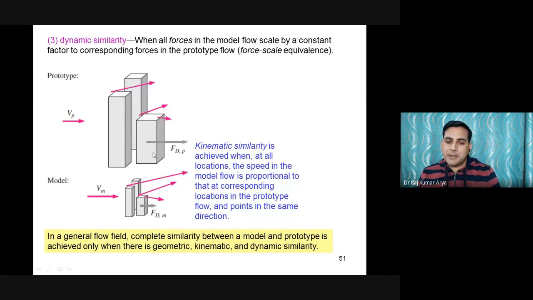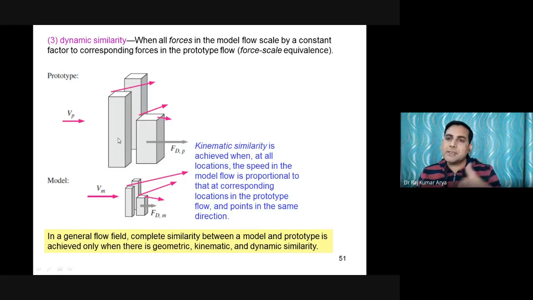Now let's say for the forces part, you have some force at this particular point. If you correspond to this point here, it should also have the force in the same direction. The direction of the force should not change. Only the magnitude can change, and the magnitude should not change by a different scale factor from here to here.